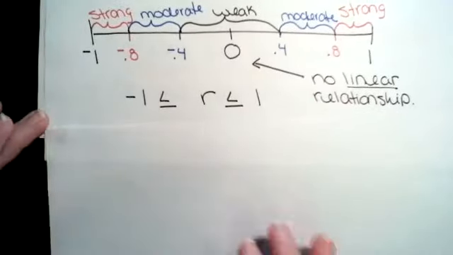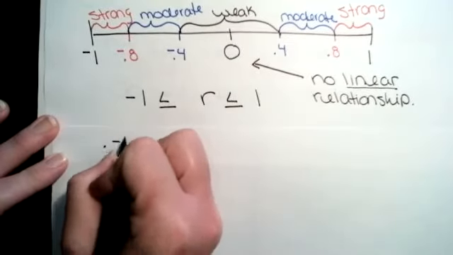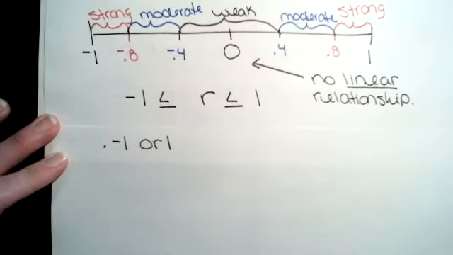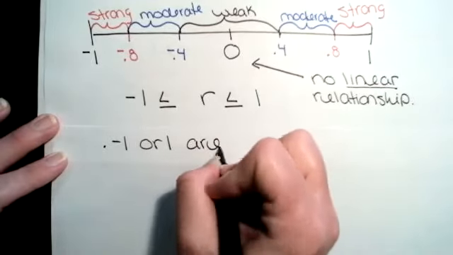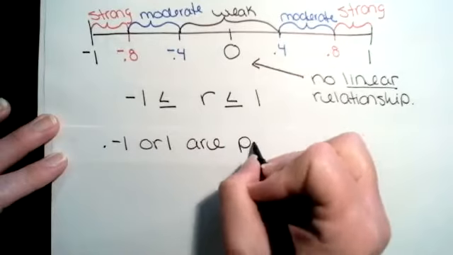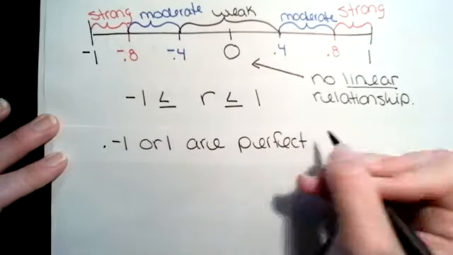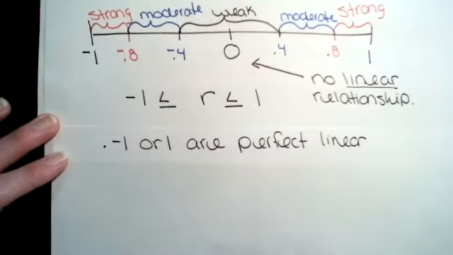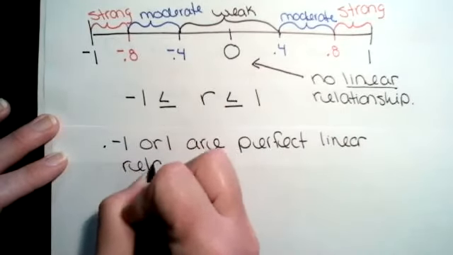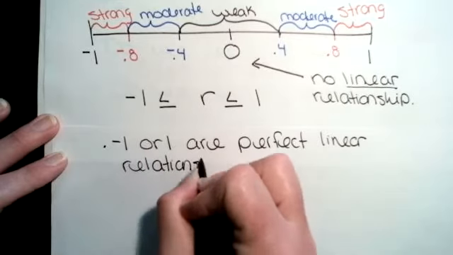If we get an R value that is -1 or +1, these R values are indicating a perfect linear relationship. Professor, I have a quick question.